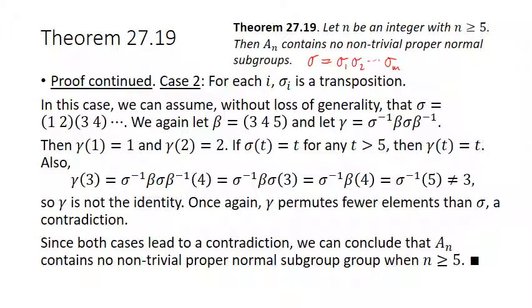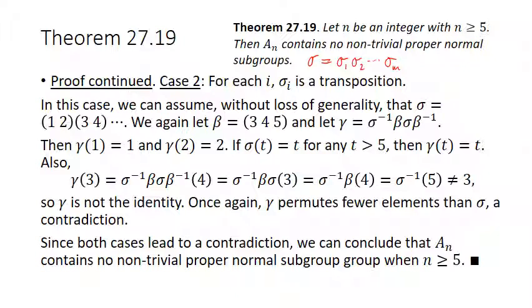So for the same reasons as before, well, actually not quite the same reasons, in this case gamma of 1 is going to equal 1, and that is because neither beta nor beta inverse is going to move 1 at all, and then 1 is going to be moved to 2, and 2 is going to be moved back to 1 by the sigma and sigma inverse parts of gamma. So gamma of 1 is going to be 1, and for the exact same reasons, gamma of 2 is going to equal 2.